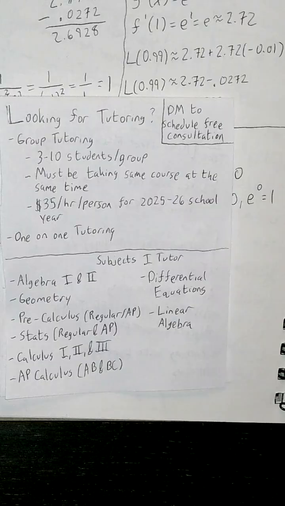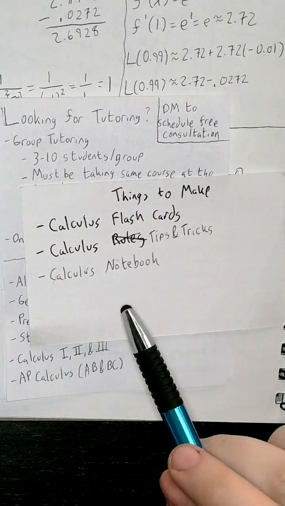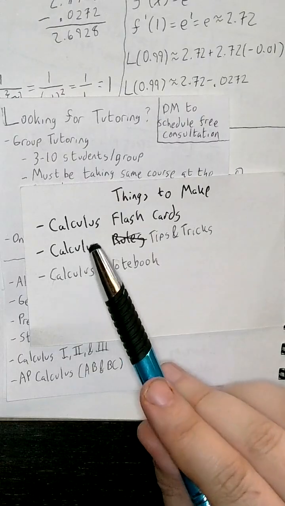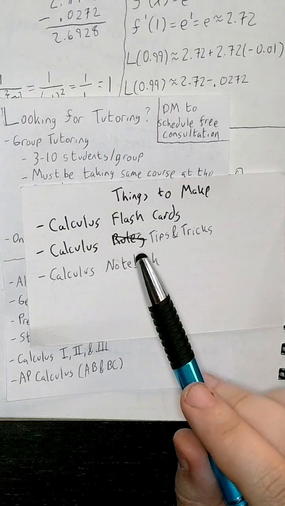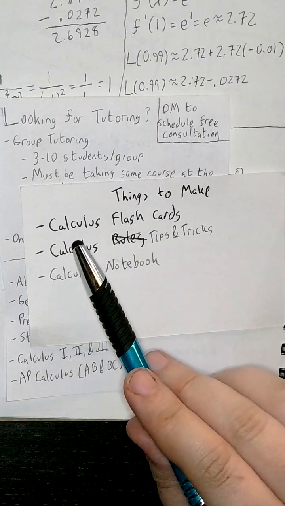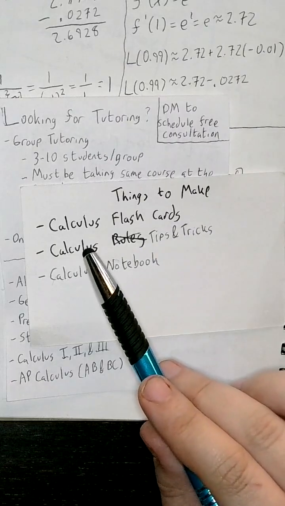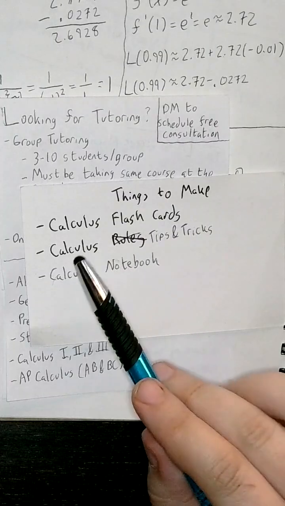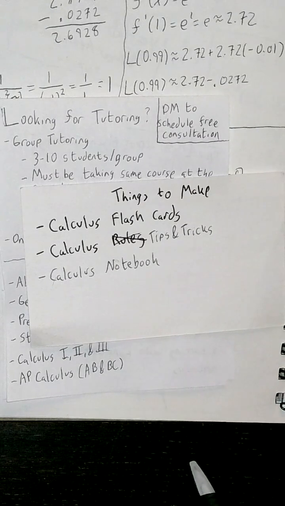I am currently working on some things for you all. I'm working on some calculus flashcards that are going to be really awesome. Right now, my first set is going to be on derivatives. And then, I'm also working on my tips and tricks for calculus.